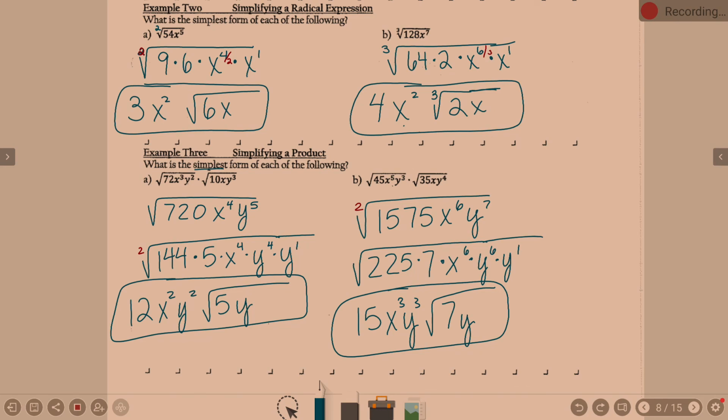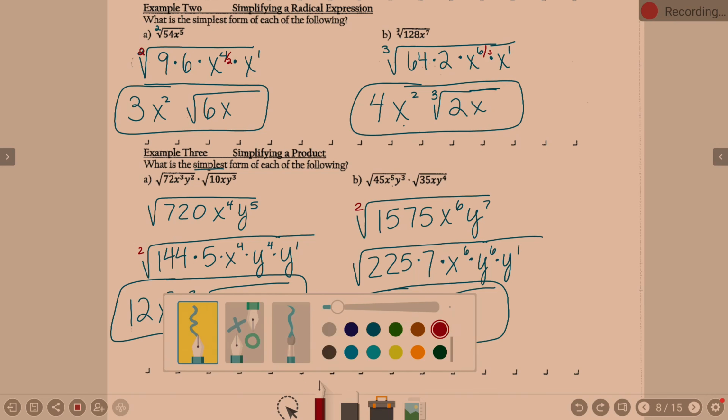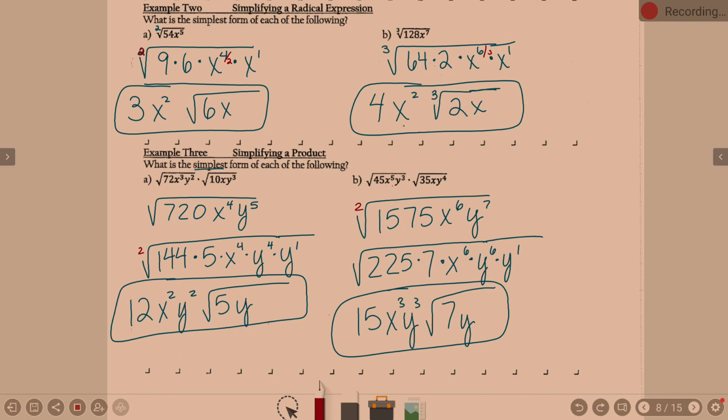Now, you don't have to write this down, but a side note real quick, because I want to mention something. 1575, right? As a class, I encourage you to go for the biggest number you can, which is 225. Now I want to play the what if game real quick. What if you didn't see that 225 worked and you used 25?